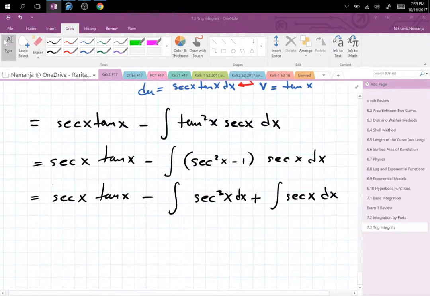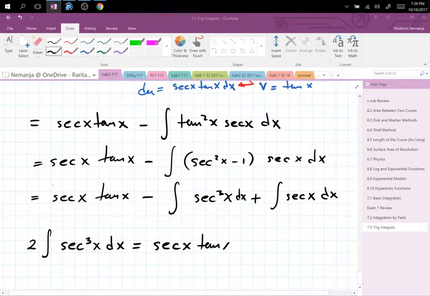And now we have 2 integrals of secant cubed x dx is equal to secant x tangent x plus integral of secant x dx. There we go. And this is the reason why the next problem that we have to do is integral of secant x.